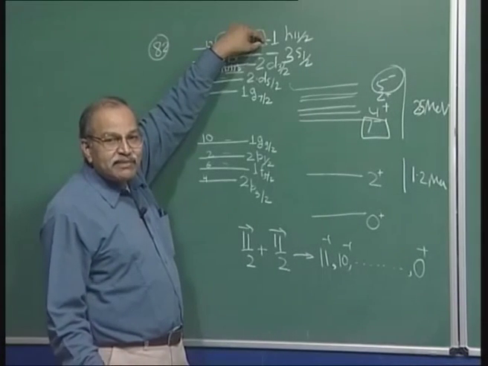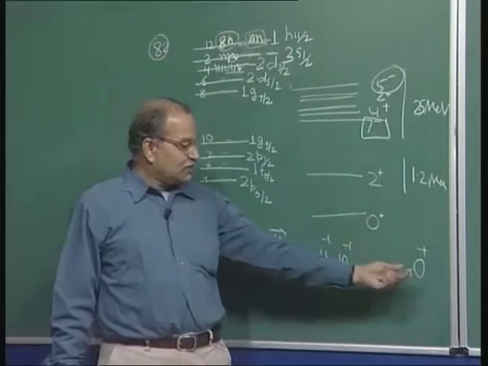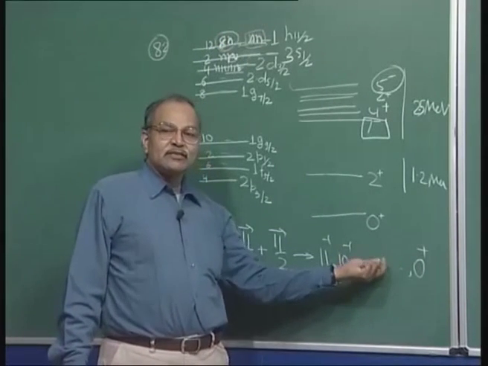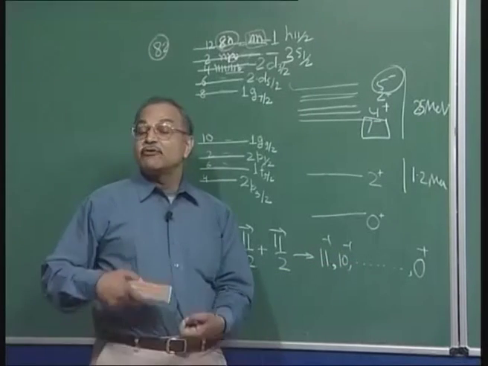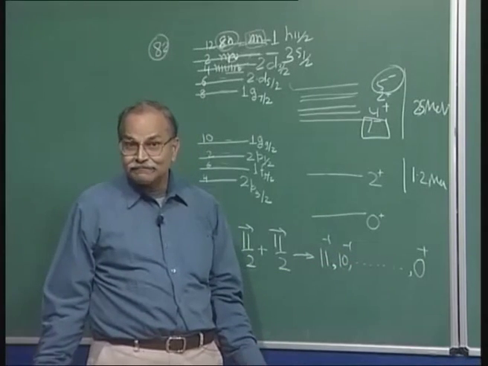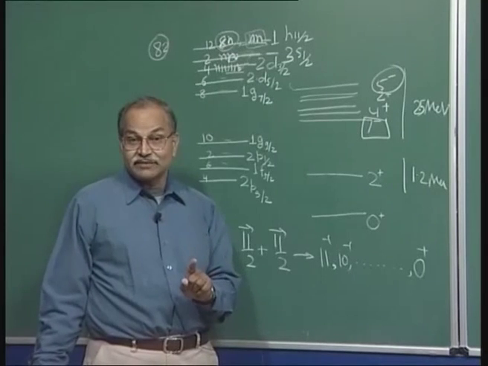But the angular momentum combination no more gives me 0 plus, it gives say 2 plus or 4 plus or something else. The energy will be higher, that means it will be an excited state. So that is also a possibility.